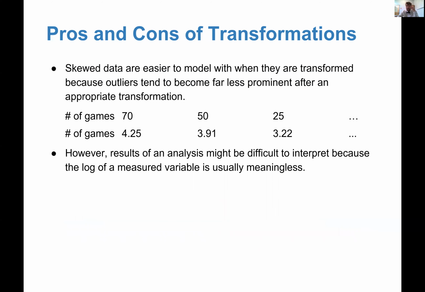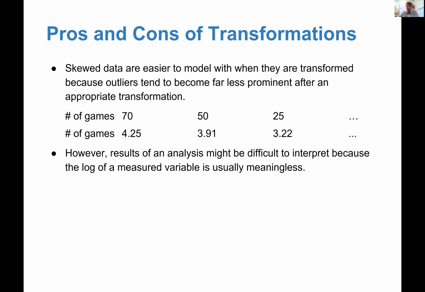So for instance, 70 games has a log of 4.25, 50 games a log of 3.91, 25 games a log of 3.22. By the way, this is natural log, not log base 10. So on a calculator, we're talking the ln function, natural log.